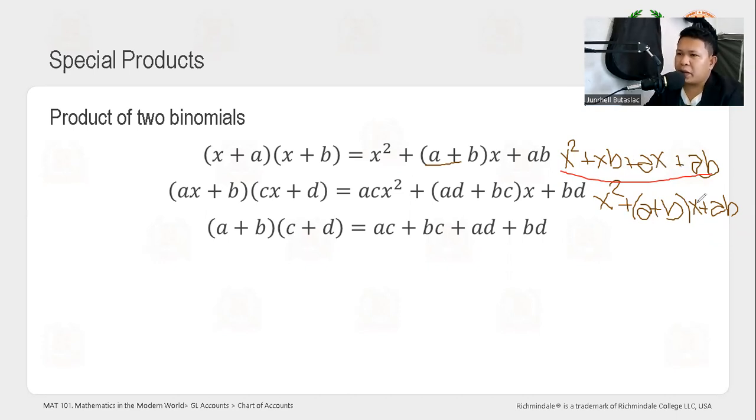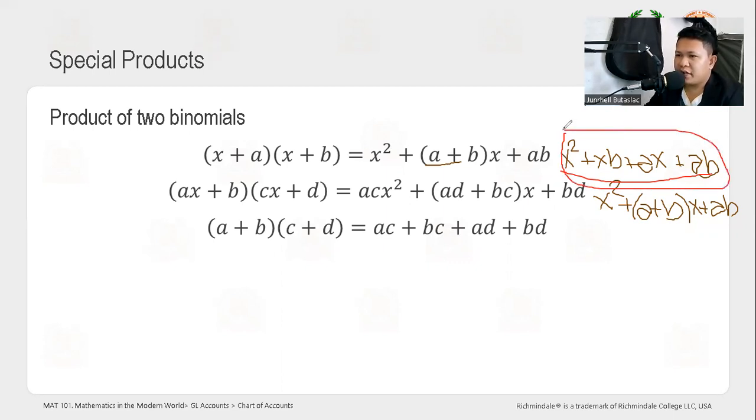Now, when you multiply, the x here is outside the parenthesis, so you have to distribute this x to the variables inside. x times a, that's ax. x times b, that's bx or xb. So that is why x squared plus a plus b times x plus ab, but actually they are the same as this one.